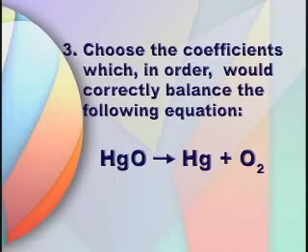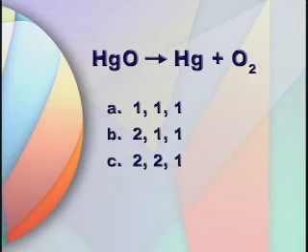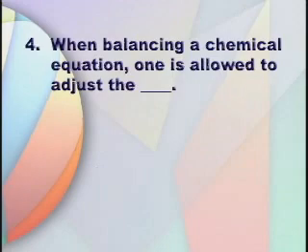Question number 3. Choose the coefficients which in order would correctly balance the following equation. HgO yields Hg plus O2. A. 1, 1, 1. B. 2, 1, 1. C. 2, 2, 1. D. 2, 2, 2. Number 4.